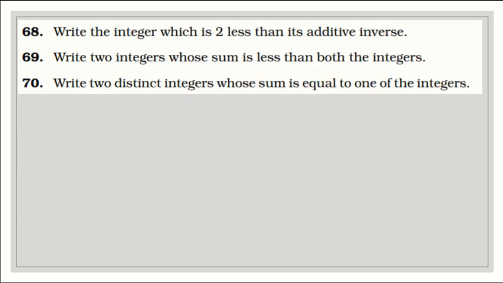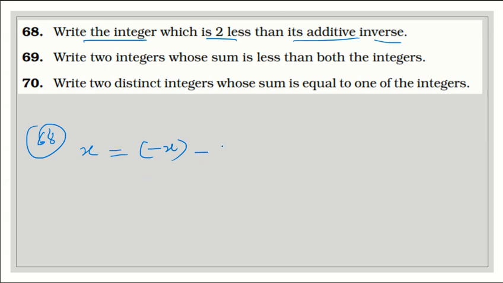Coming to question number 68. Write the integer which is 2 less than its additive inverse. Same type of question. Let the integer be x and its additive inverse is minus x, and we are looking for 2 less than its additive inverse.